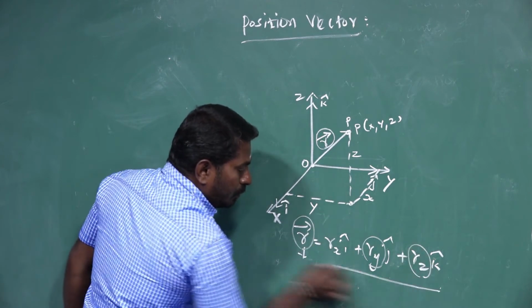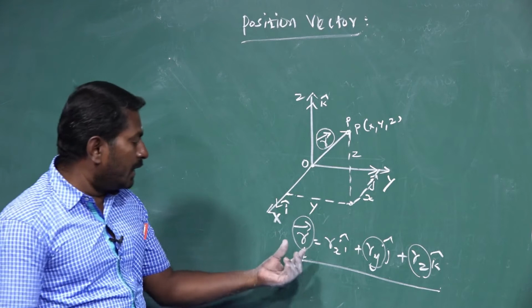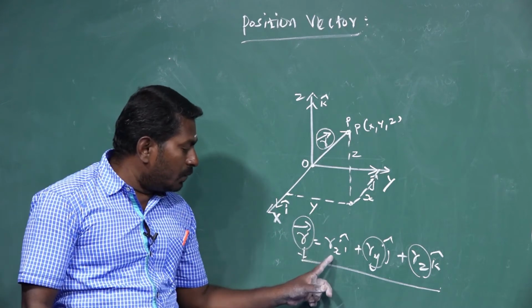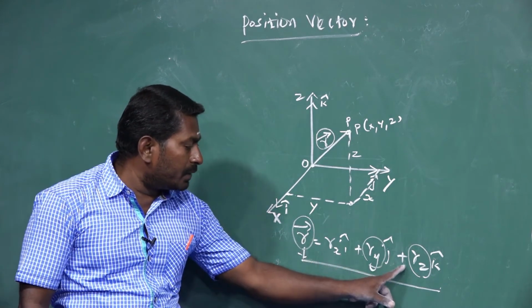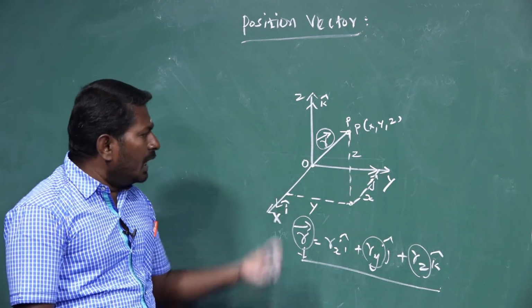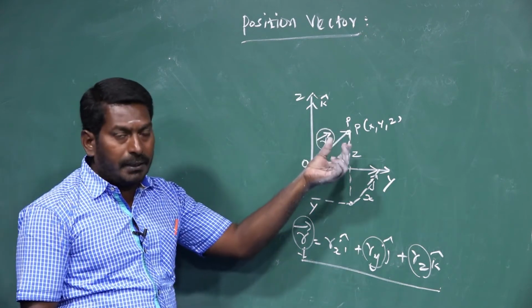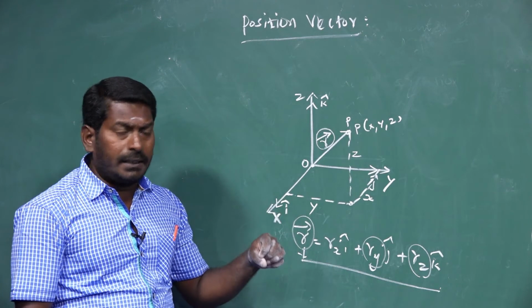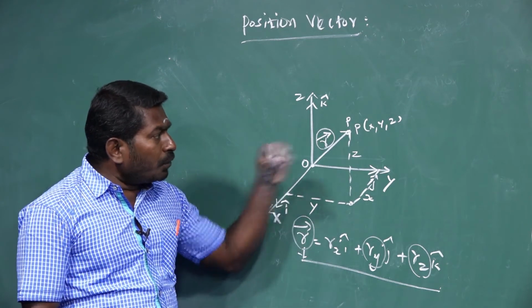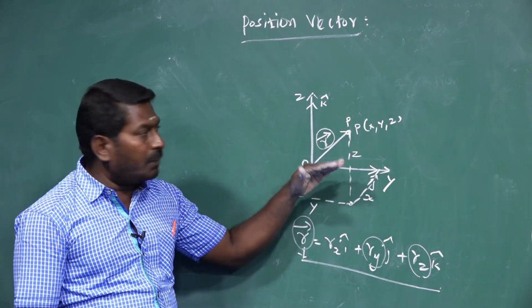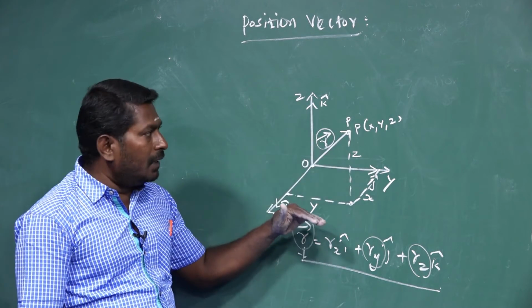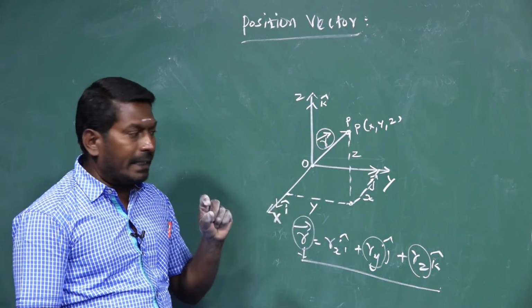So the position vector can be represented in three dimensions: R vector is equal to Rx i cap plus Ry j cap plus Rz k cap. Suppose a particle travels in a plane, the position of the particle at any instant of time can be represented by the position vector, but with the help of only two coordinate axes.